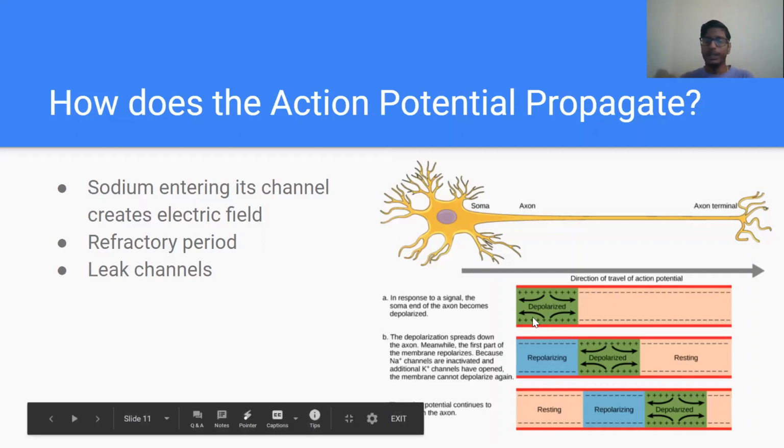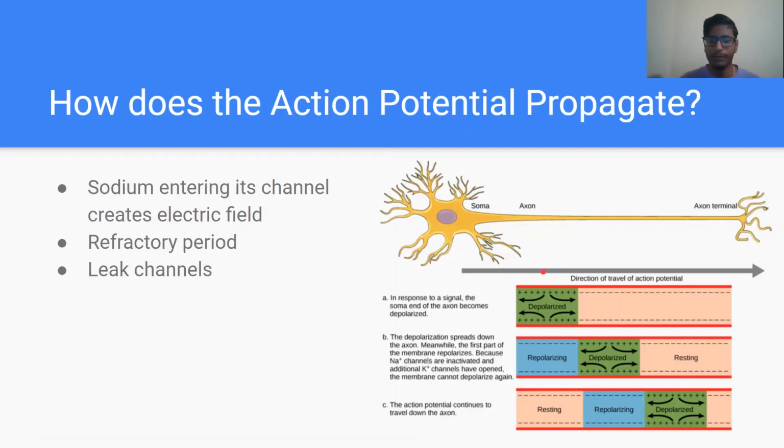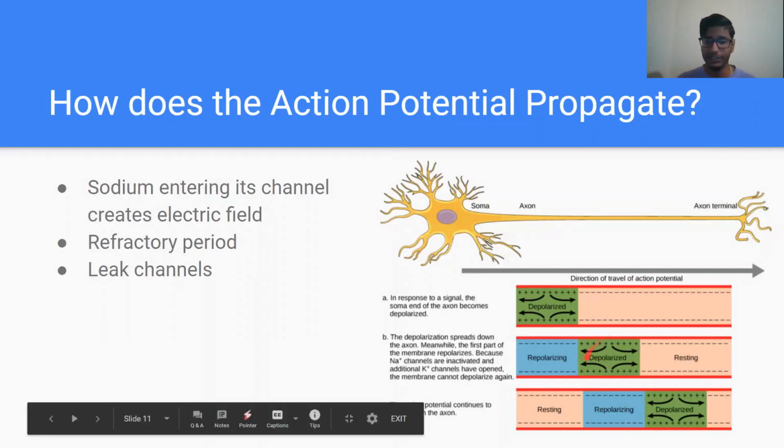As this area is depolarized, the sodium entering through these channels, right here, is creating an electric field that travels down the membrane. As this electric field reaches the sodium channels in this region that's currently not depolarized, it activates the sodium channels found in this region, increasing the depolarization of that region.